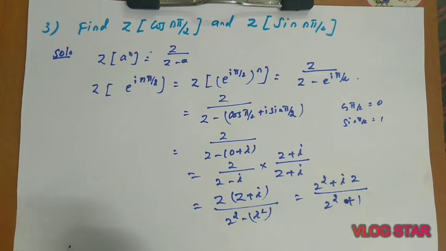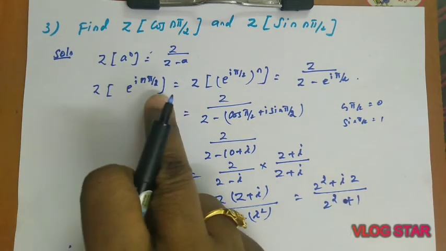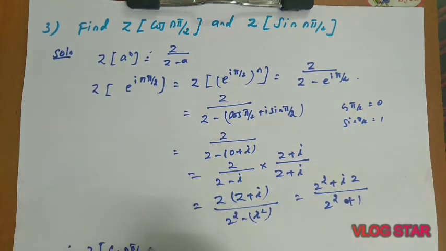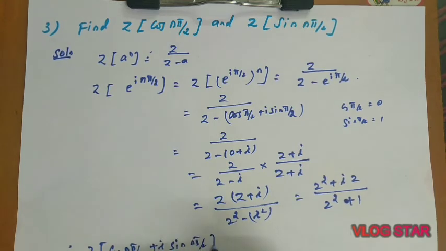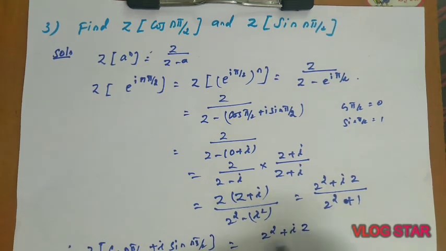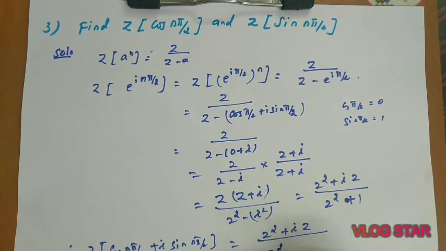Therefore our left hand side, z of e power i n pi by 2, can be written as z of cos n pi by 2 plus i sin n pi by 2, which is equal to z square plus iz divided by z square plus 1.